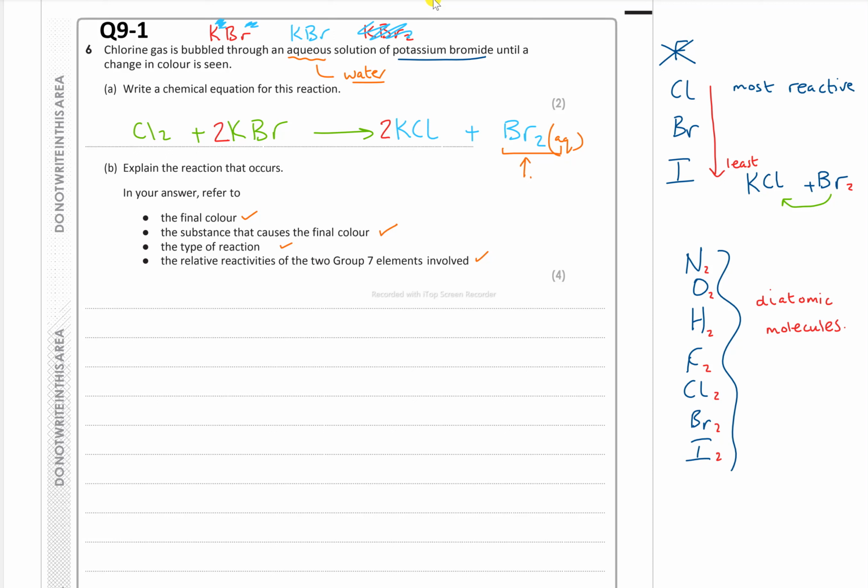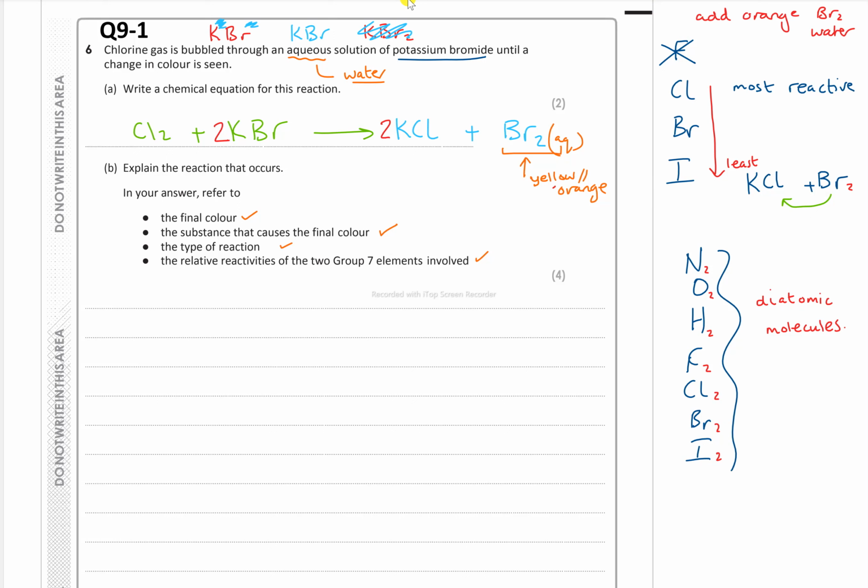It's in water, so we have to call it yellow, orange, or orange. It's not quite brown, so they will not allow brown. Add orange bromine water. So remember, that's how we've learned it.